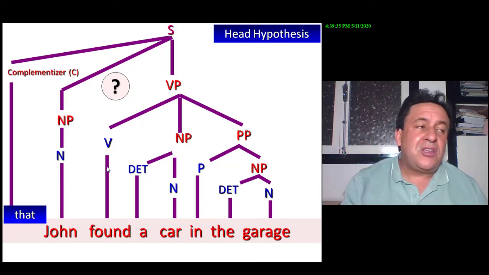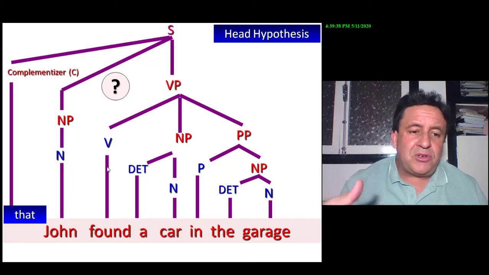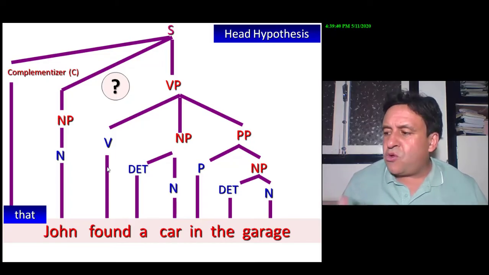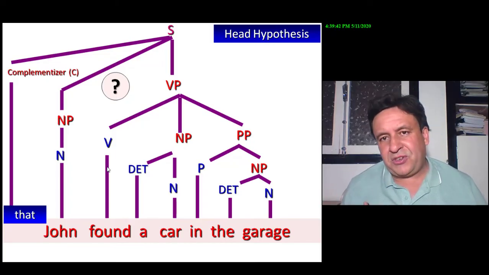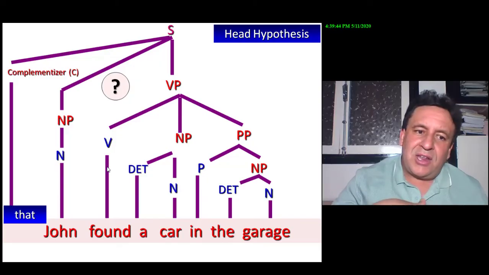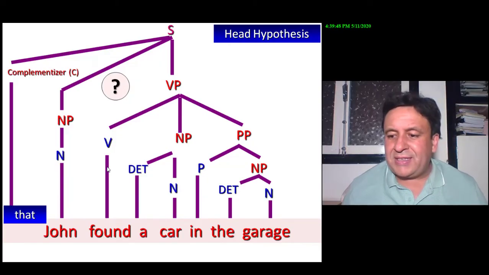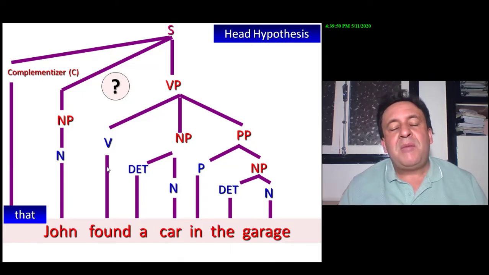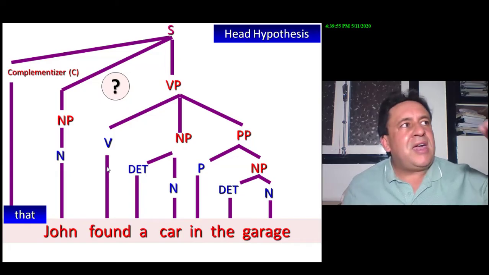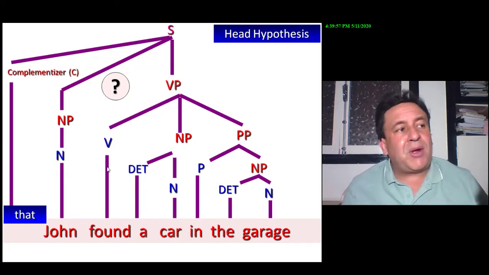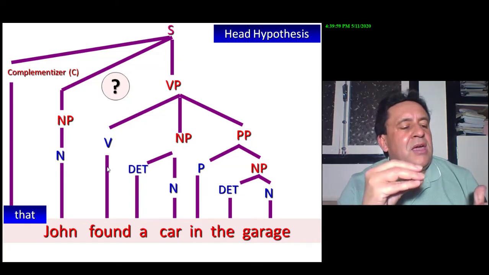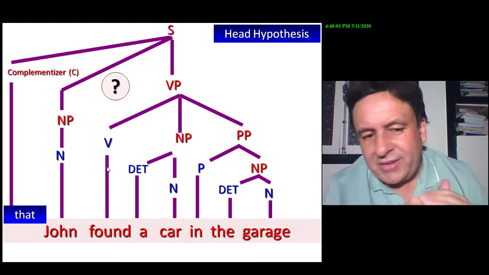No, we don't say that in English. But in many other languages, even root clauses can take the complementizer. This is not the case in English. The complementizer goes with the clause only when the clause is embedded. But we must have a structured slot in which we can put the complementizer if it's needed.